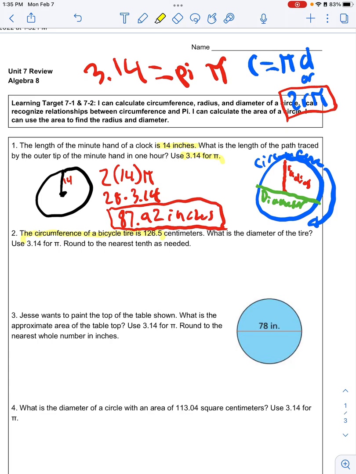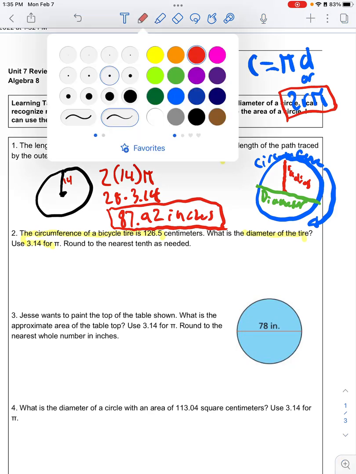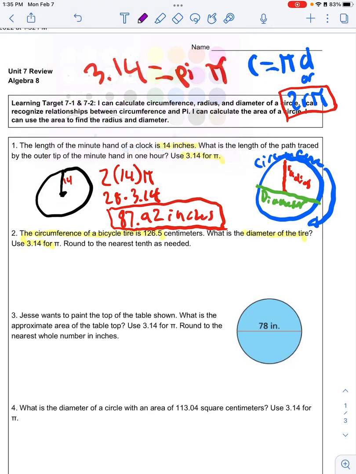All right, next example. The circumference of a bicycle tire is 126.5. What is the diameter? Use 3.14. So this time my equation pi times d equals 126.5. And because I'm looking for the diameter, I'm going to use the formula pi times d, which means I need to divide by pi and divide by pi.